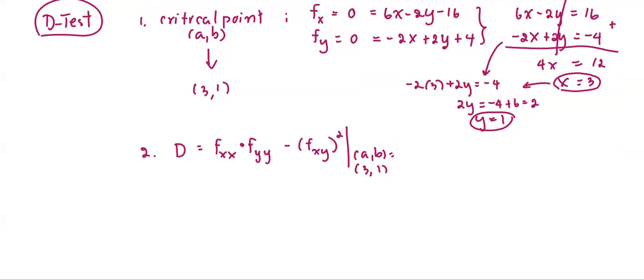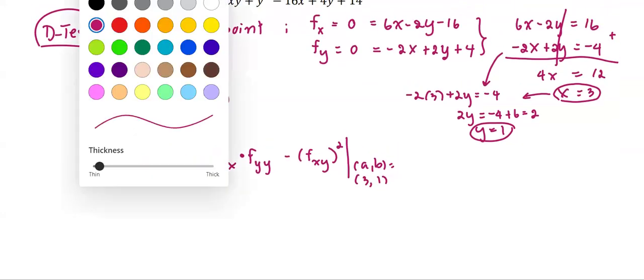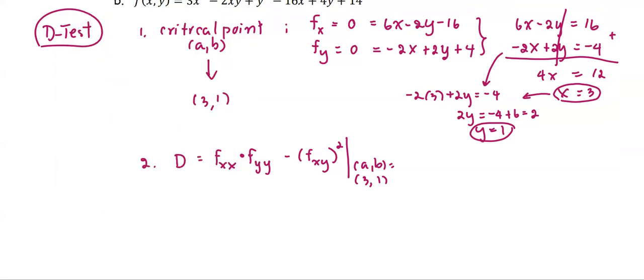So based on the first partial derivatives that we derived, we're going to continue from that point. That means the second partial derivative with respect to x is 6. The second derivative with respect to y is 2. And the second partial derivative with respect to x with respect to y is going to be negative 2.